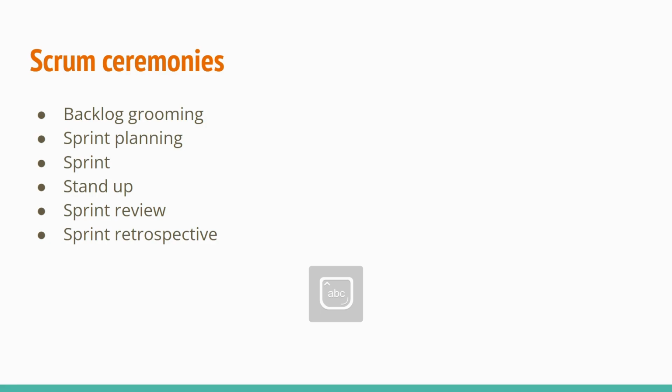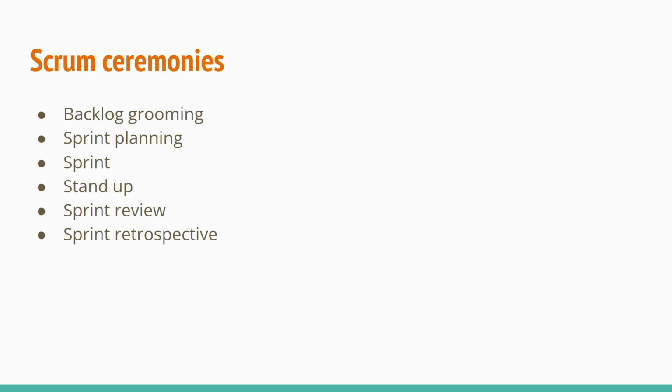Then comes sprint review. Sprint review is done at the end of the sprint in order to review the work that the team has done, and whether the features can be released or not. It is done in the sprint review meeting. And at last there is the sprint retrospective. What is the sprint retrospective?